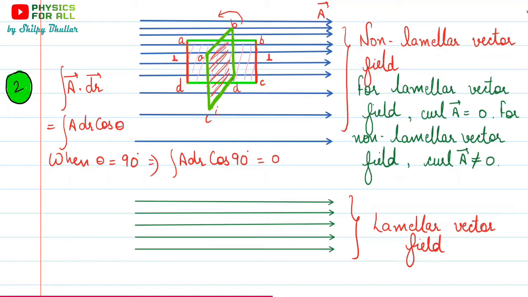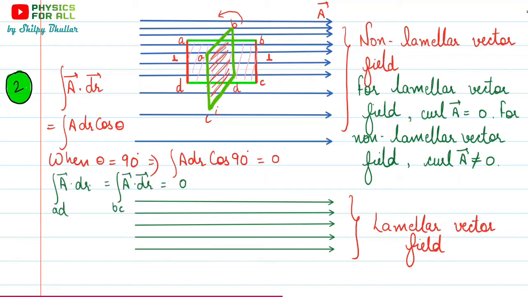So now I have highlighted these two sides with red color, and both are perpendicular to the vector field A. Once again they are perpendicular, and once again if we find the line integral, because theta is 90 degrees for these two sides, the line integral for these two would be 0.